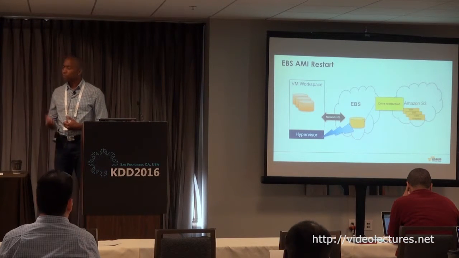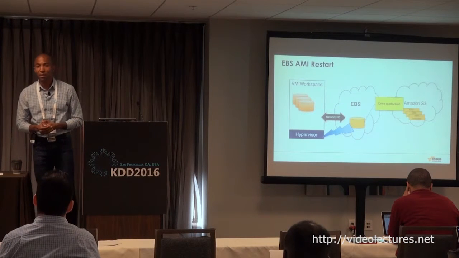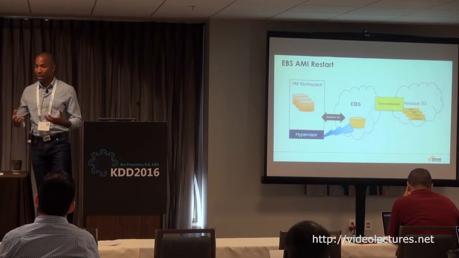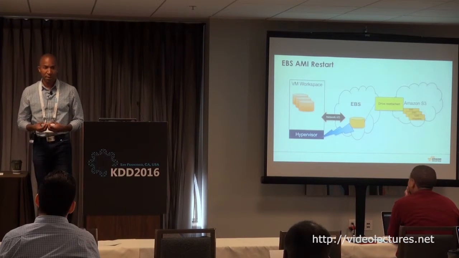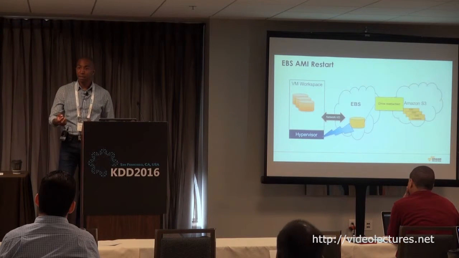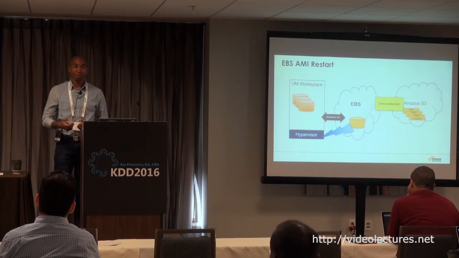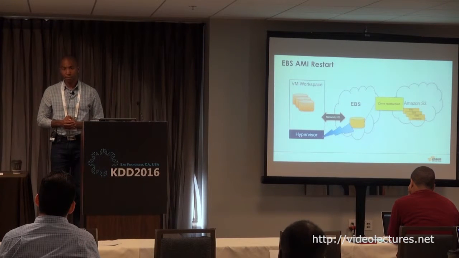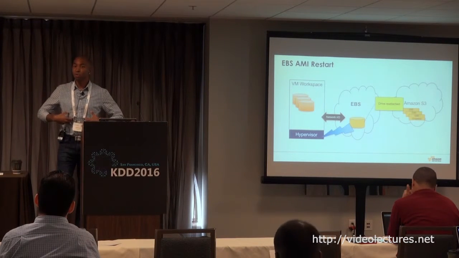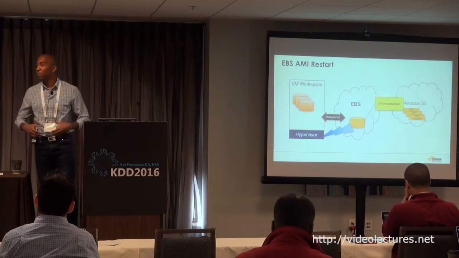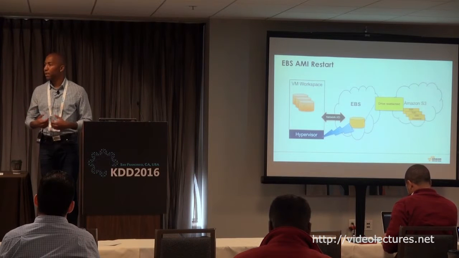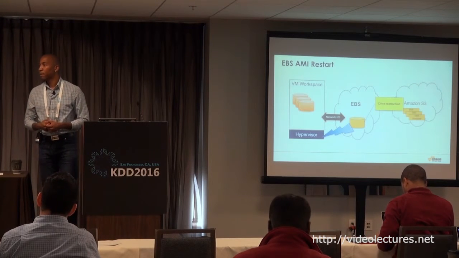Now, one of the things you'll see later on is that we don't have access to your data. Within Amazon, we can't access your data. We've put measures in place that prevent anybody except you from accessing your data. So when we refer to monitoring the platform, we're monitoring the performance of the instances and the health of the EC2 platform itself.